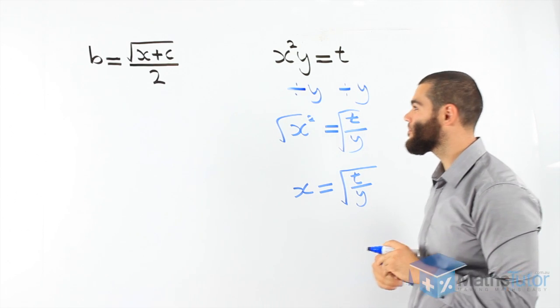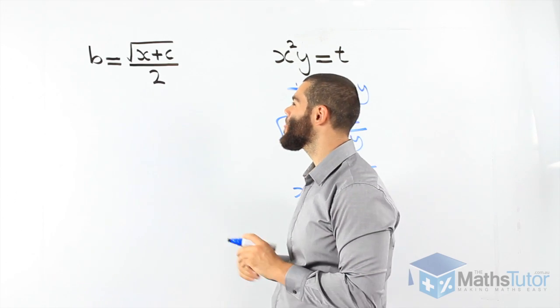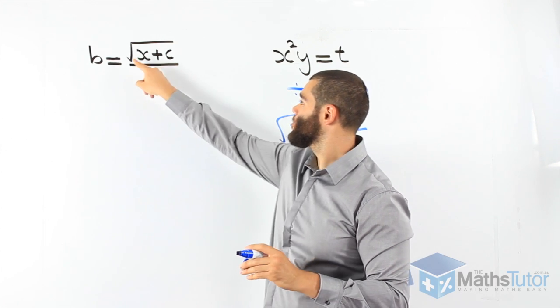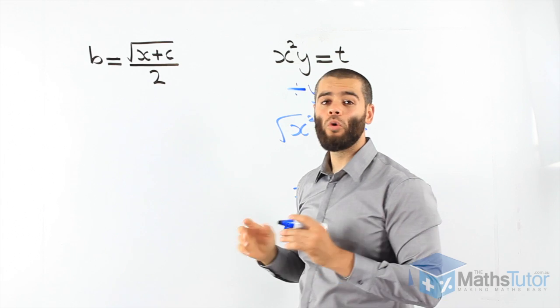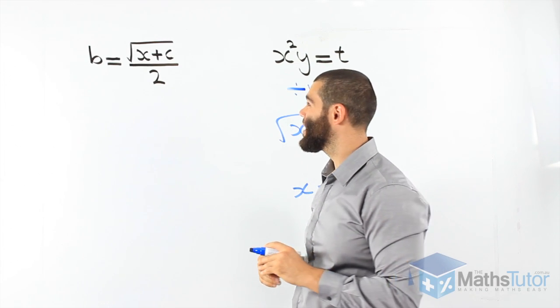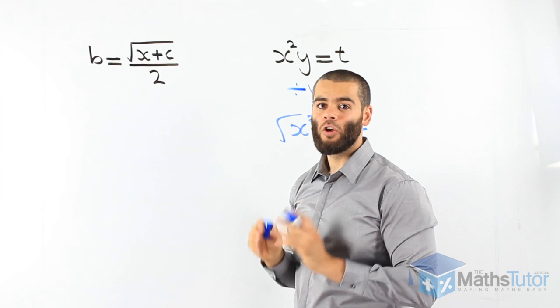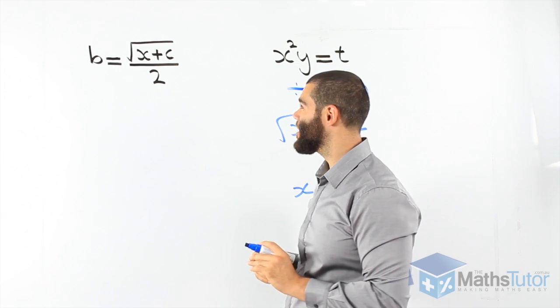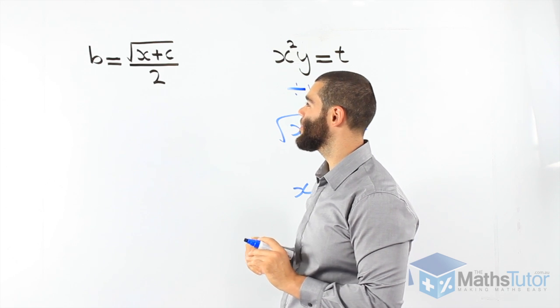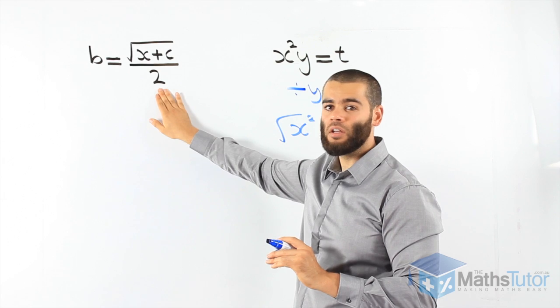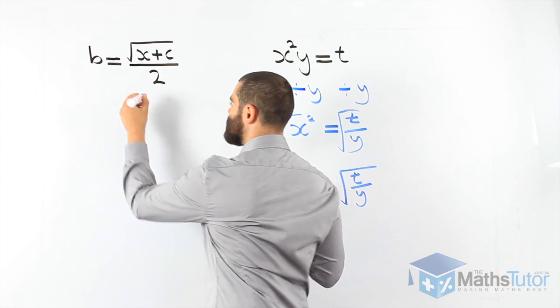Let's do another one. We have b equals the square root of x plus c, all over 2. Again, we are making x the subject. Where do we start? We start with the furthest away from x, which is the divide by 2. The opposite of divide is times.